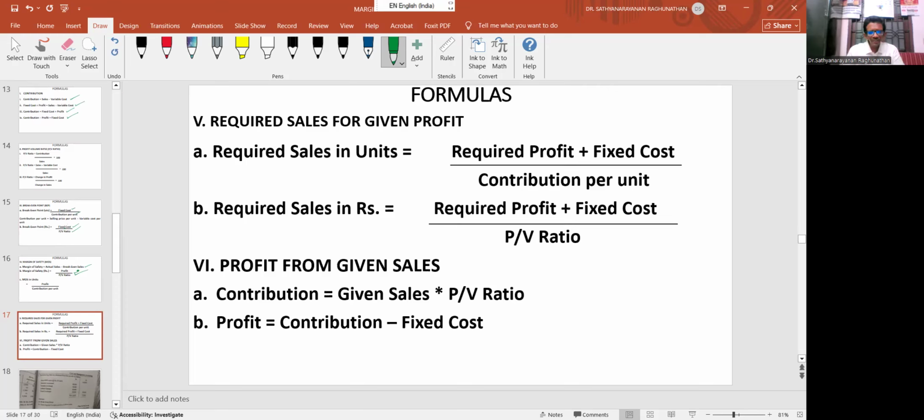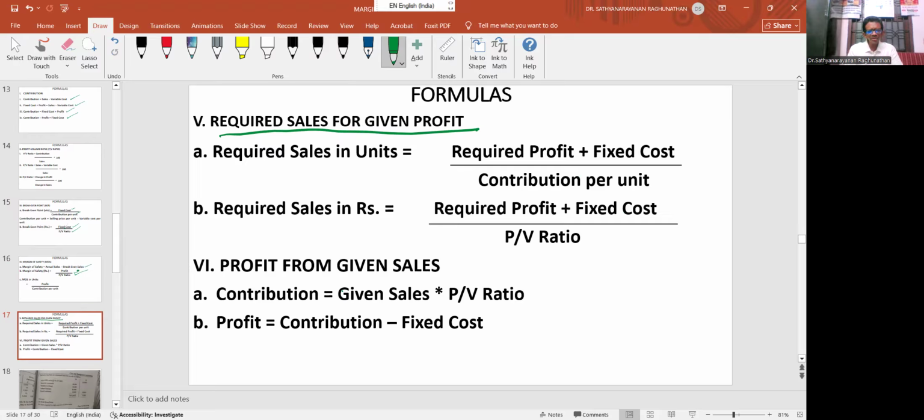Formula number 5, required sales for given profit. You have to calculate the required sales in units as well as in rupees.